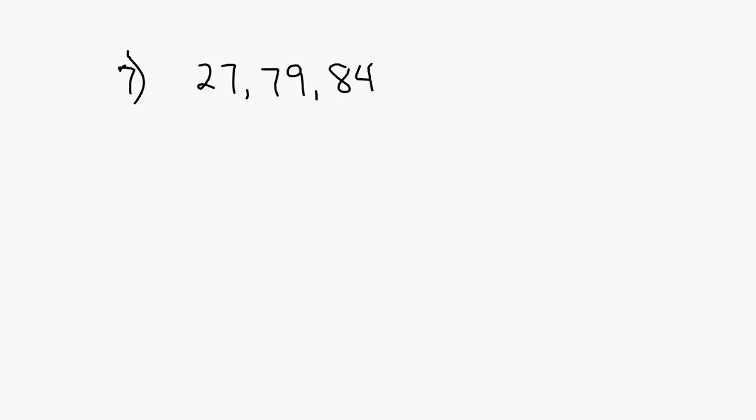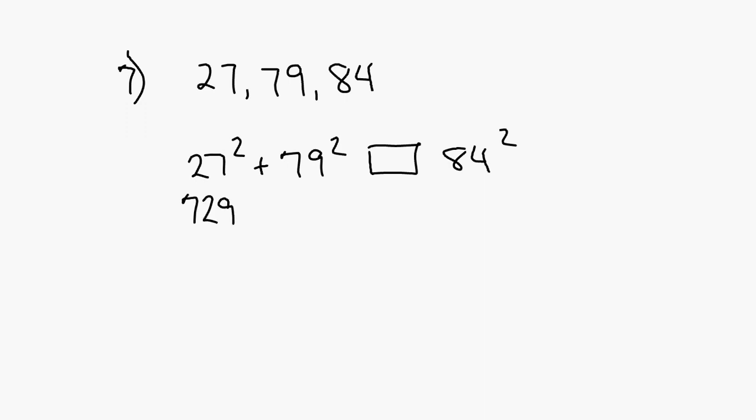Well, you're going to take 27 squared plus 79 squared, and you're going to compare it to 84 squared. 27 squared is 729, plus 79 squared, let's see, 79 squared, second, there.